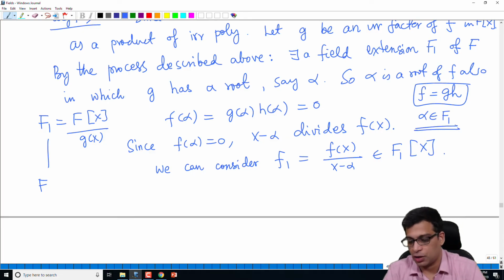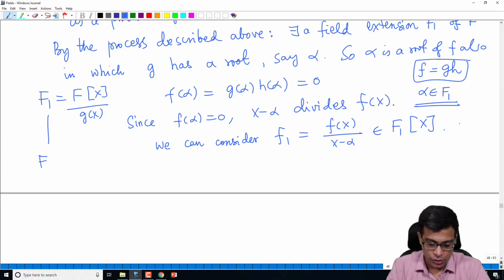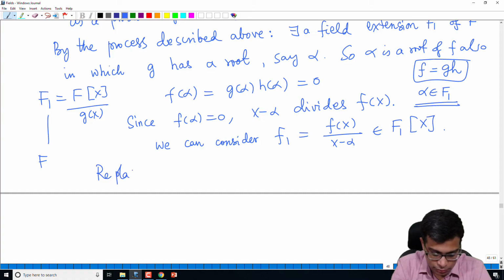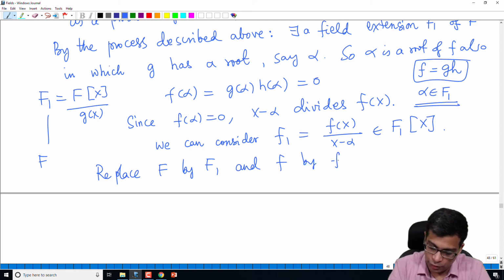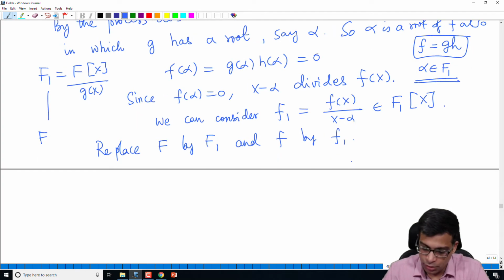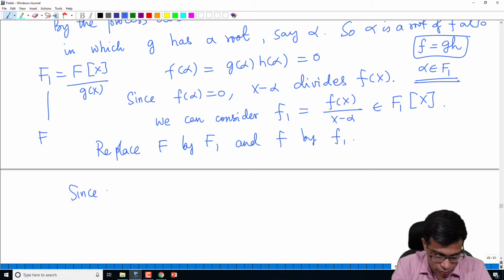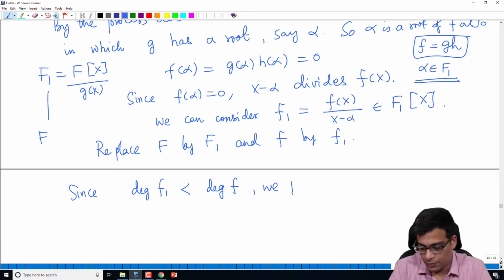This division is not necessarily true in capital F[x], but it is true in capital F1[x]. So replace F by F1 and small f by small f1. Since degree of small f1 is strictly less than degree of small f, we proceed by induction.